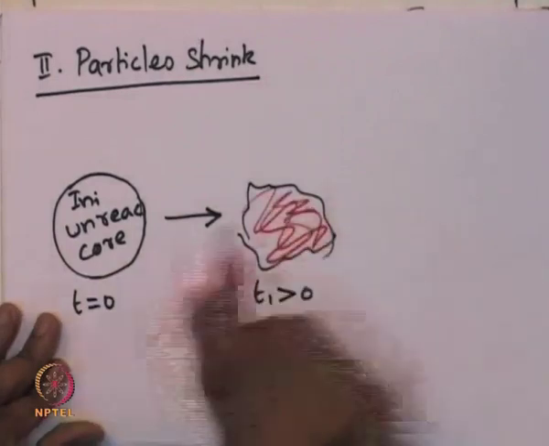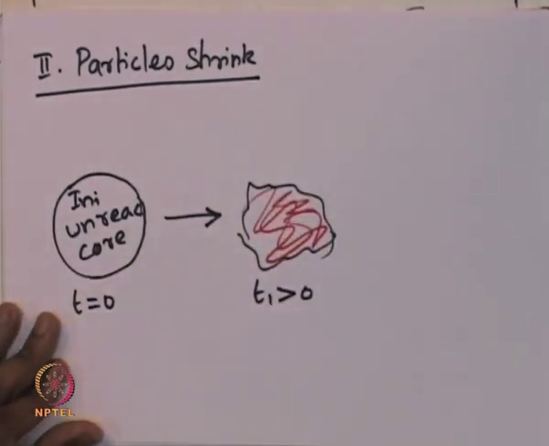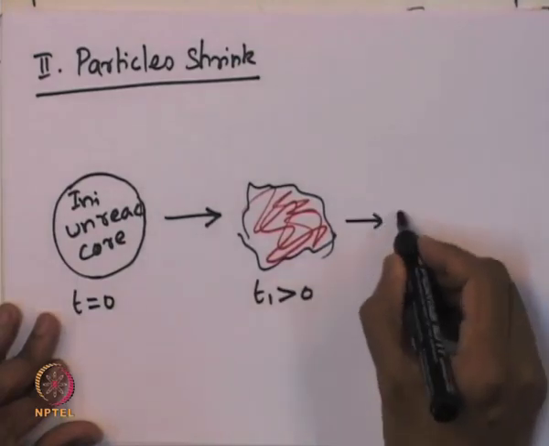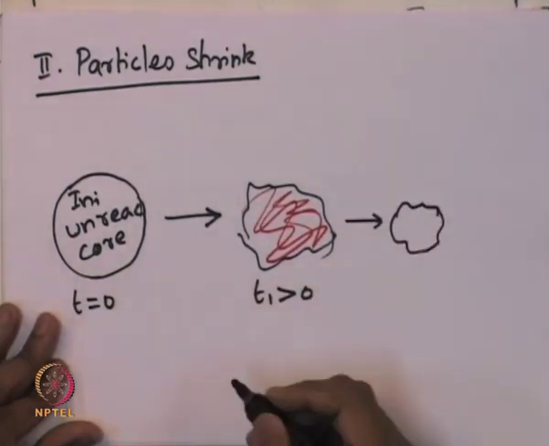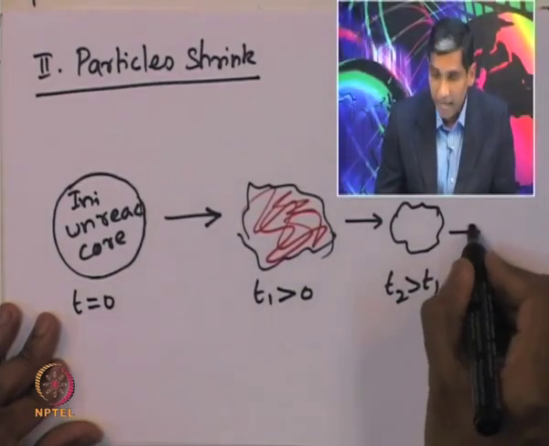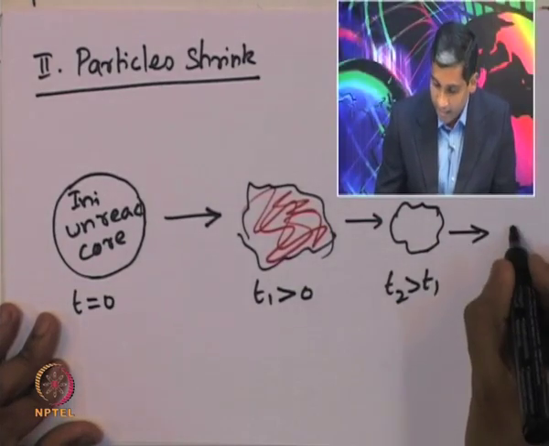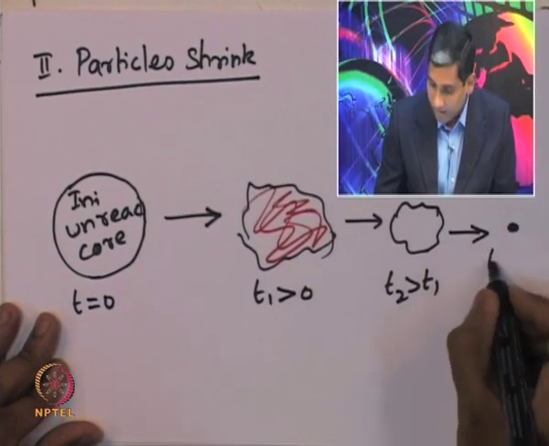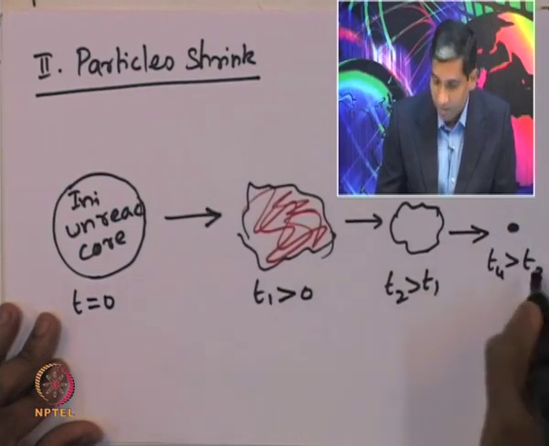This is the unreacted core which is reduced in size, and as time further proceeds, the size reduces further. So, this is let us say t 2 greater than t 1, a further time, and as time proceeds further, the solid core actually disappears.